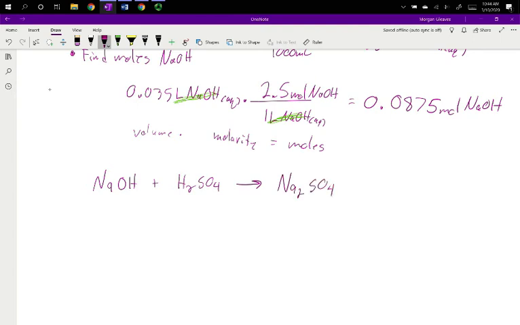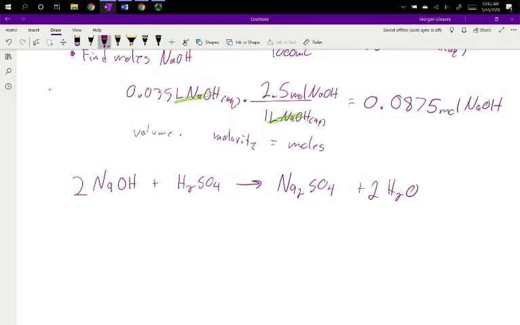Na2SO4 would be the deprotonated acid, so all the protons that can leave are gone. And then OH and the hydrogen will make water, but I've got 2 hydrogens, so I'm going to need 2 OHs in the end. I'm going to end up with 2 waters. So I needed 2 sodiums for the sulfates, I needed 2 sodium hydroxides. It's a 2 to 1. I need twice as much sodium hydroxide.